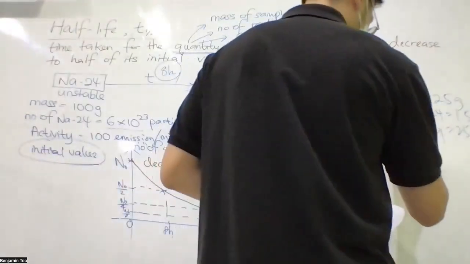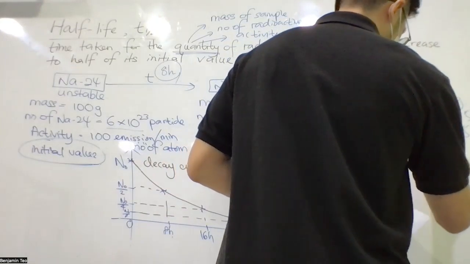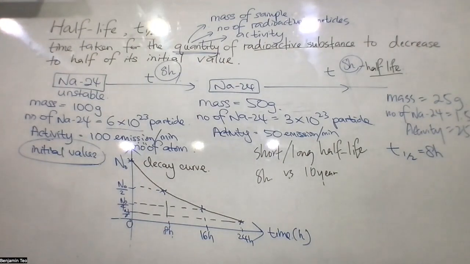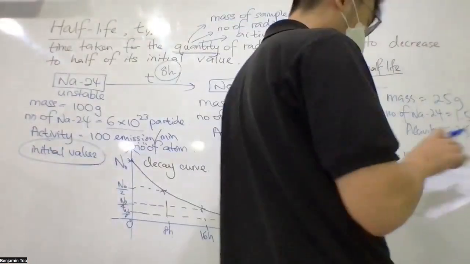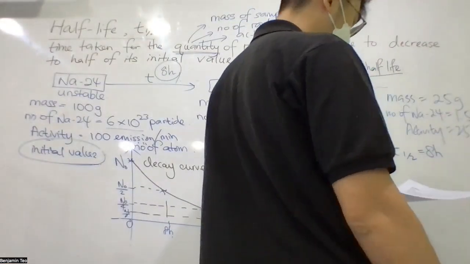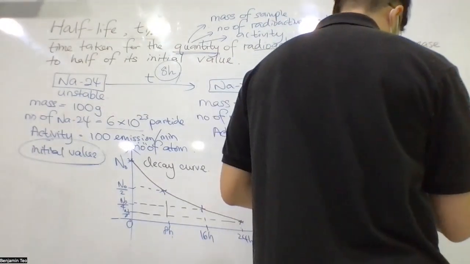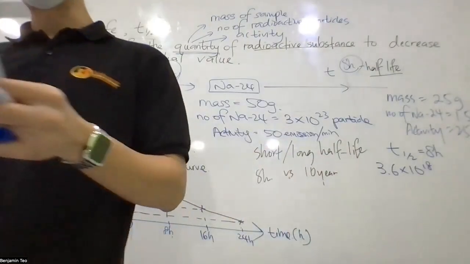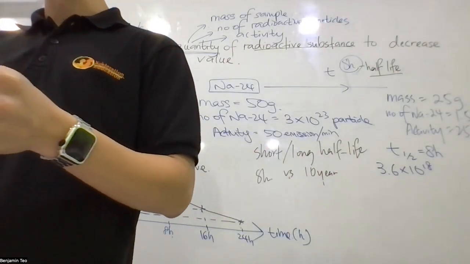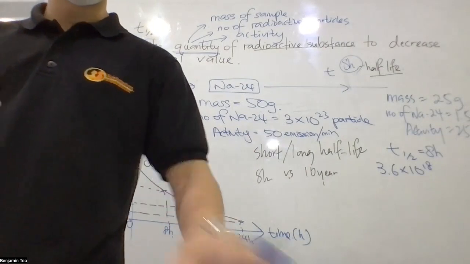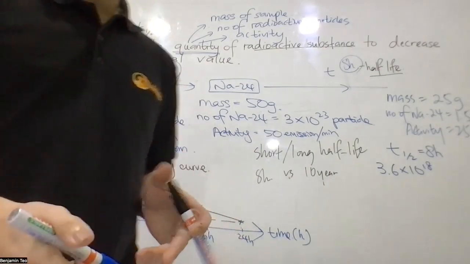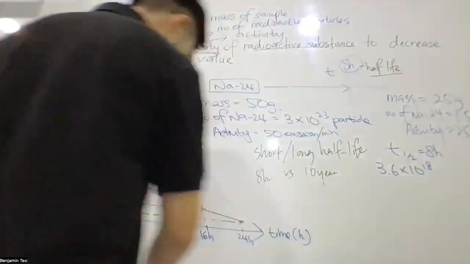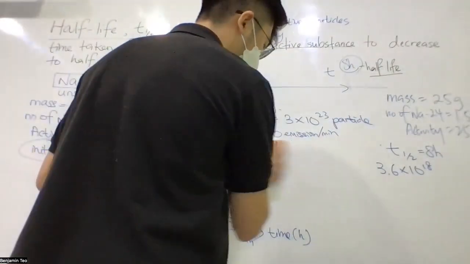So T half will be 8 hours. Initially there were 3.6 times 10 power 18 radioisotope atoms, so the quantity is the number of atoms, so we start from 3.6 times 10 power 18. How much time is taken for the number of atoms to fall to 4.5 times 10 power 17? For your calculation, you only do a simple arrow diagram, no need for any formula.